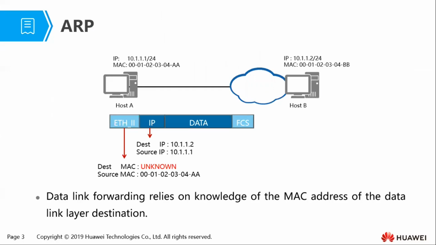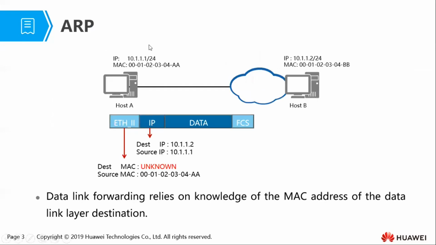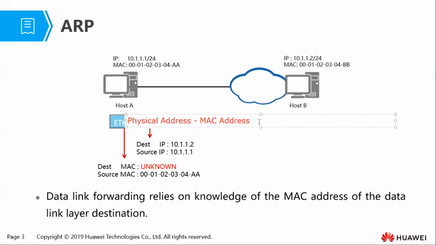Okay, so yesterday we mentioned a physical address, and we said that this is the MAC address, and we went further and said that the MAC address is handled at layer 2, which is called the data link layer.